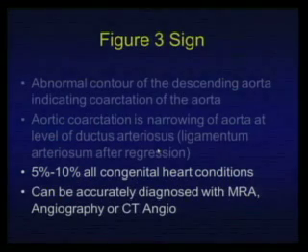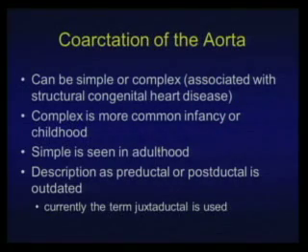This abnormal finding, that is the coarctation of the aorta, can be seen in up to 10% of all congenital heart diseases, and you can diagnose using a cardio CT angio, or you can use angiography or MRI.